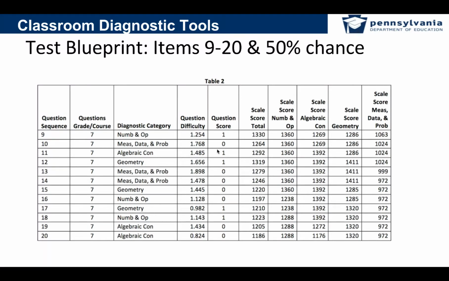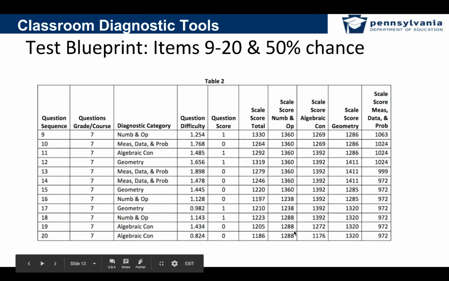That one was incorrect, so it drops down to an item that is requiring a little bit less skill. That was correct. Next item requires a little bit more skill. You can see in the scaled score total that it is continuously calibrating the student's scaled score and their score for each of the reporting categories.